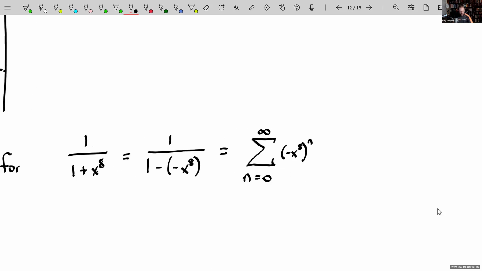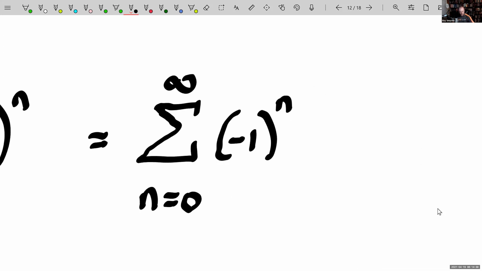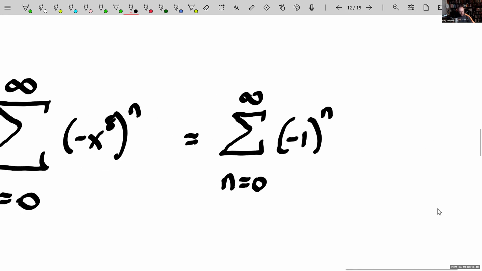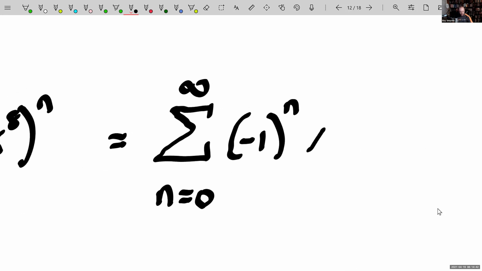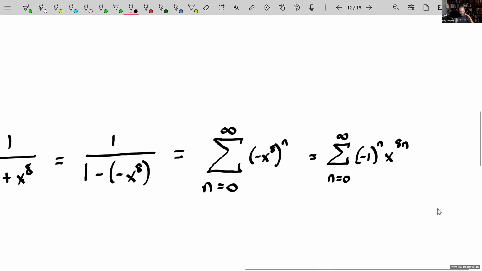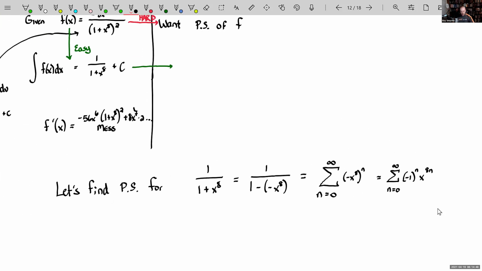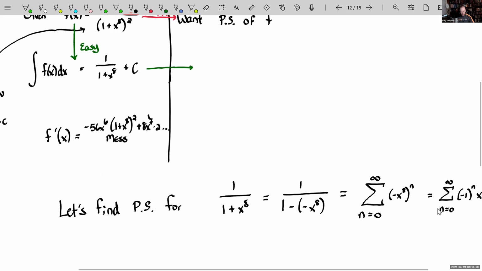And this can be written as the summation n equals 0 to infinity of negative 1 to the nth times x to the 8n. All right. That wasn't too terrible.